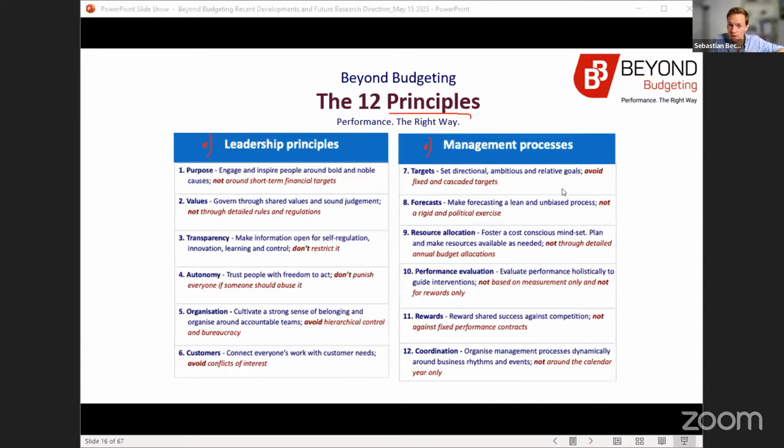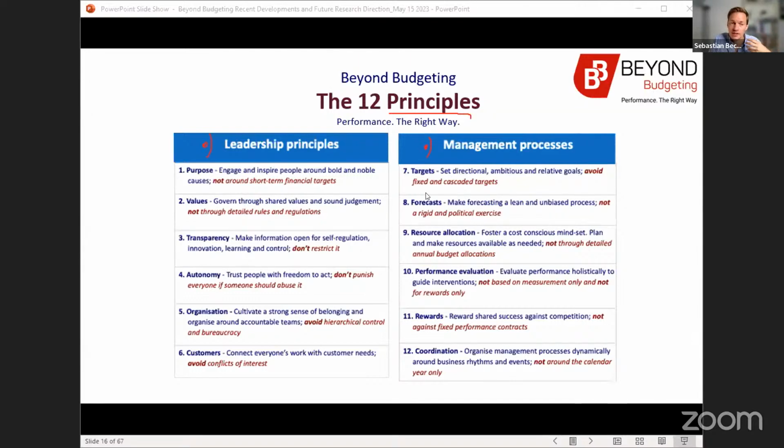And on the right side, you see management processes. So this is where we start in a budgeting practice or process, right? These are the management processes. So how do I set targets? How do I do forecasting? How do I allocate resources, evaluate performance, give rewards, and how do I coordinate? This is what a traditional budgeting process typically does. But in beyond budgeting, we say the way you do this needs to change.